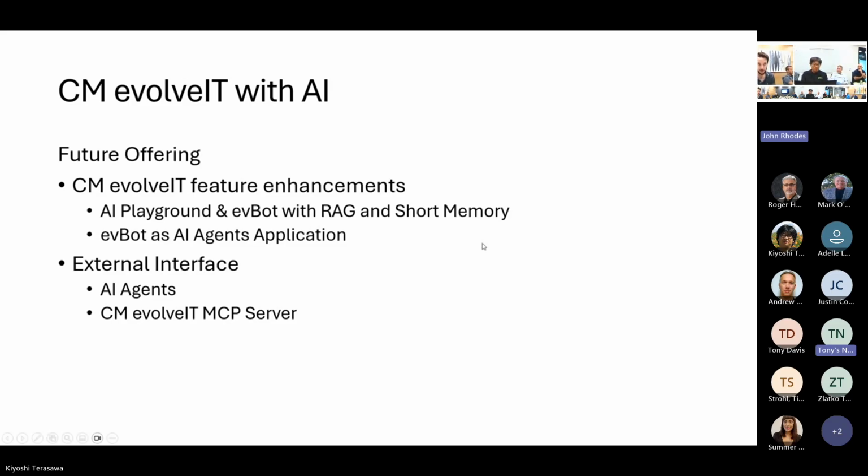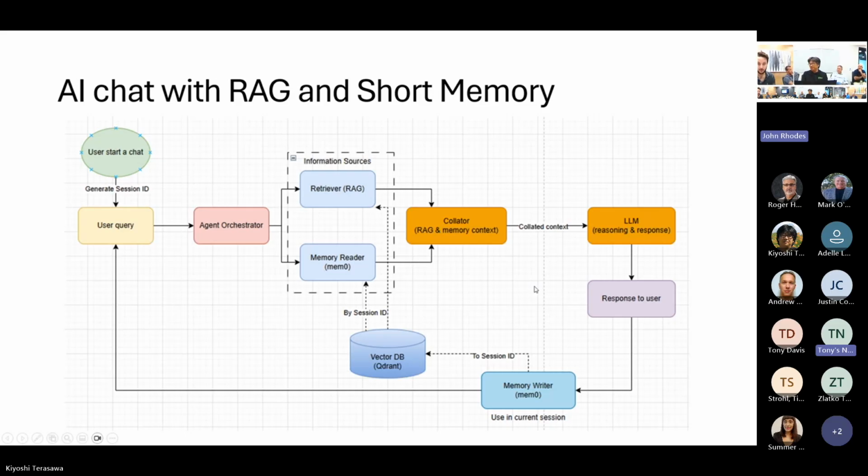Okay, so this is just a diagram of how the RAG and the short memory work together. Basically, if you ask something, the starting point is that RAG has some pre-processed data there, and the short memory is clear the first time.